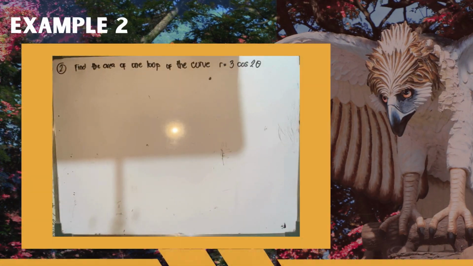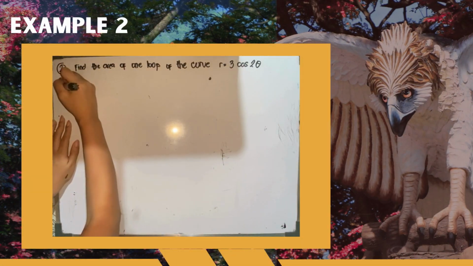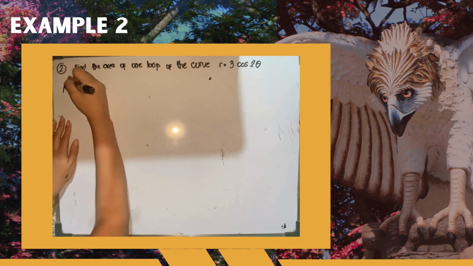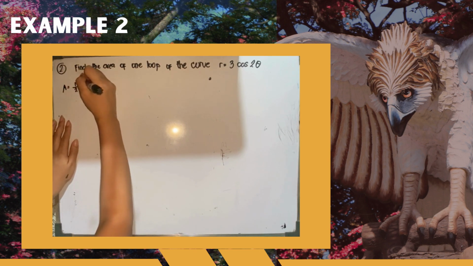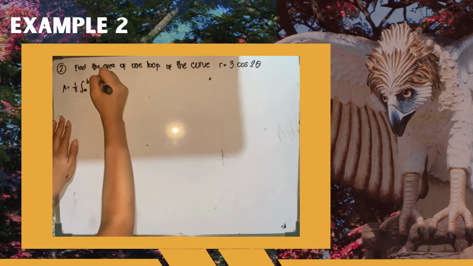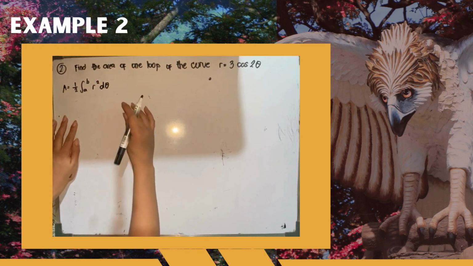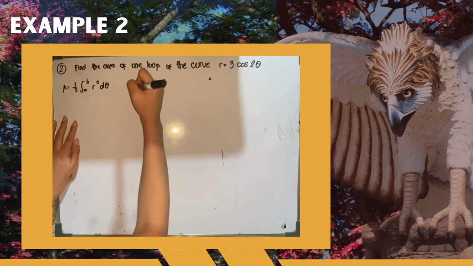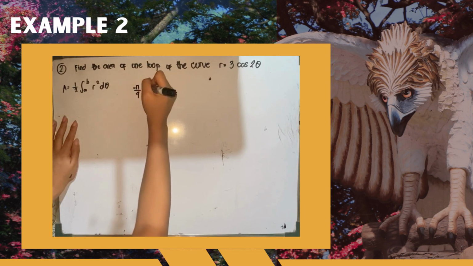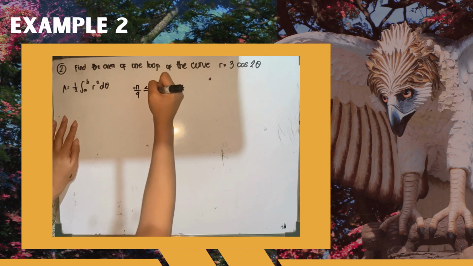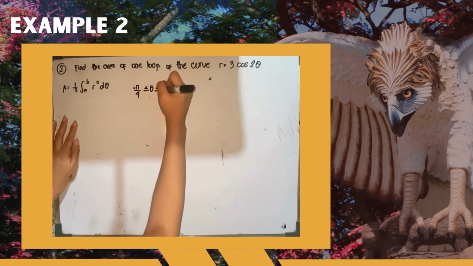For our step 1, we have to use the polar area formula. We have now A = 1/2 integral from a to b of r squared d theta. For one lobe of the rose curve, we have negative pi over 4 ≤ theta ≤ pi over 4.